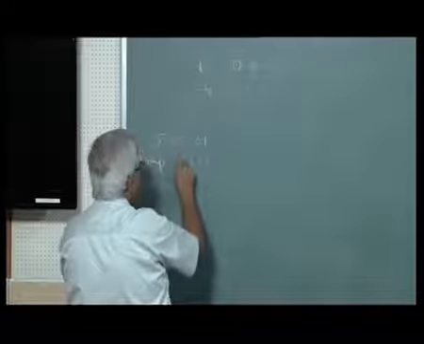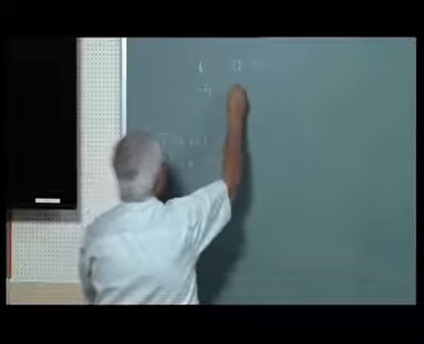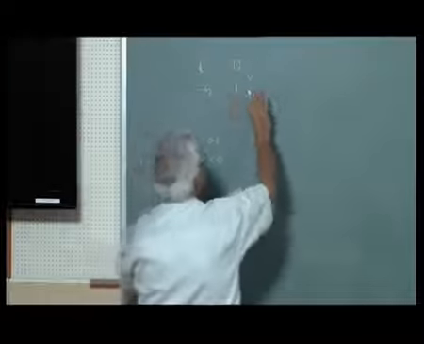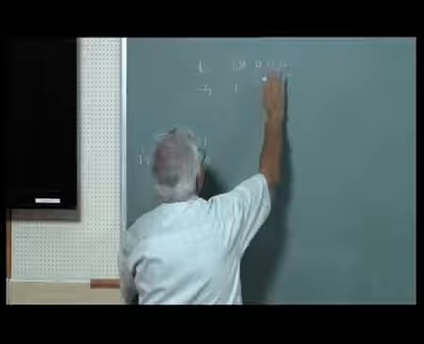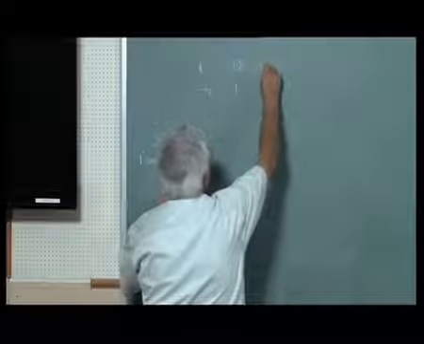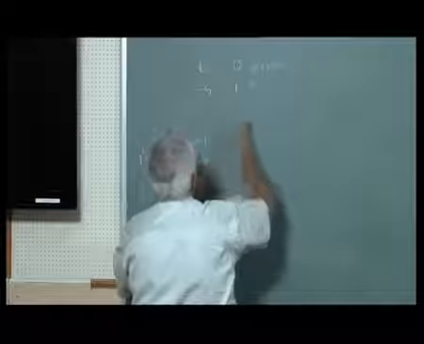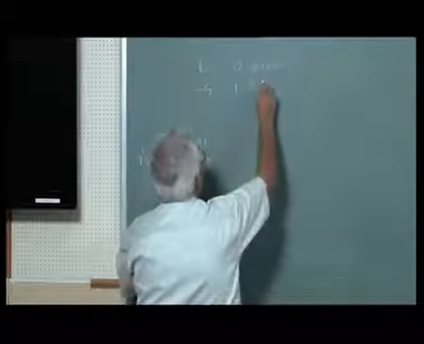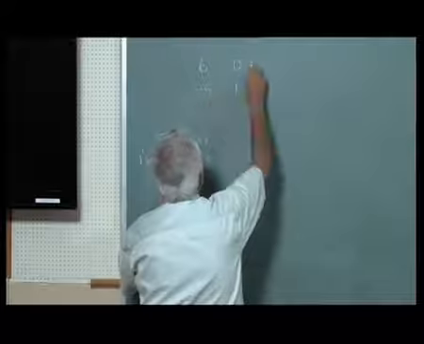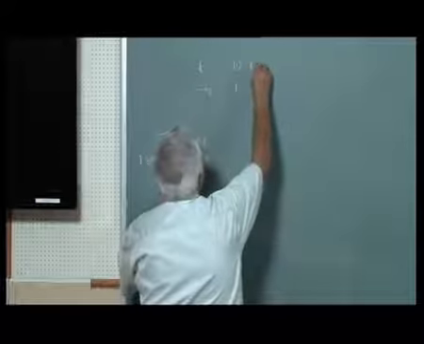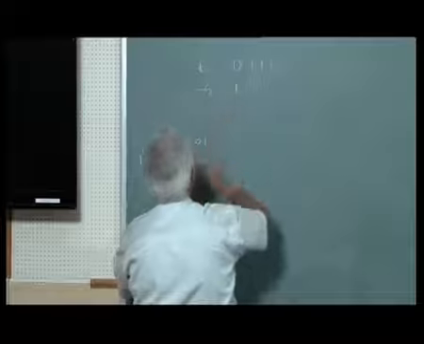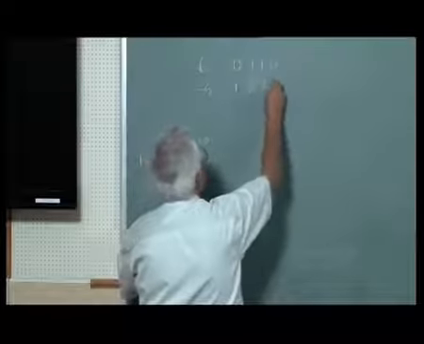It is a negative number, so I put a 1 as the sign bit. So we have 0, 0, 1, 1, 0 and 1, 1, 0, 1, 0.